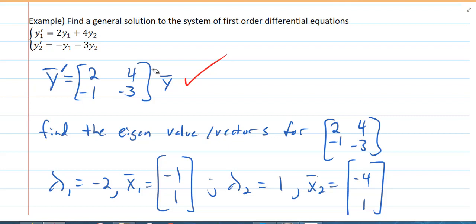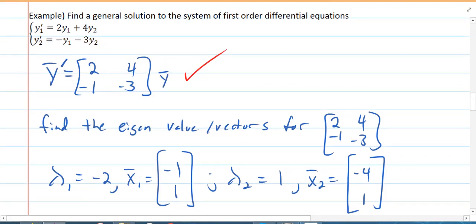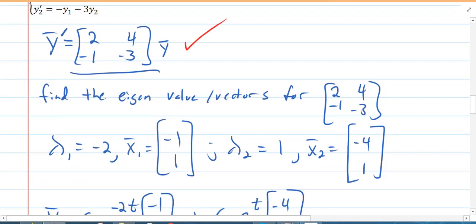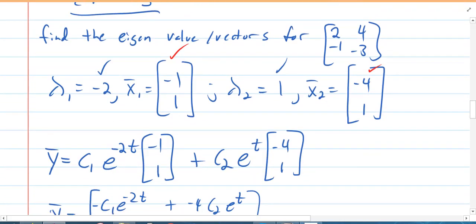Need to find the eigenvalues and the eigenvectors for that matrix A. And hopefully you're okay with me not doing those out for you here, as we've done plenty of examples of finding eigenvectors and eigenvalues. So this has two eigenvalues, minus 2 and 1, and two eigenvectors. Right, so linearly independent eigenvectors, we're in good shape, no problems here.